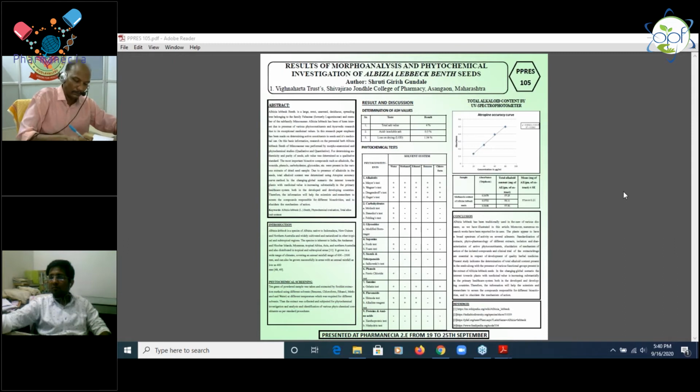Each solvent was used for 24 hours to obtain extract. For determining the phytoconstituents present in the seeds, for alkaloids, we performed Mayer's test, Wagner's, Dragendorff's, and Hager's test. For carbohydrates, Molisch test and Benedict's test. Likewise for glycosides, saponins, sterols, phenols, etc. We performed all the tests.